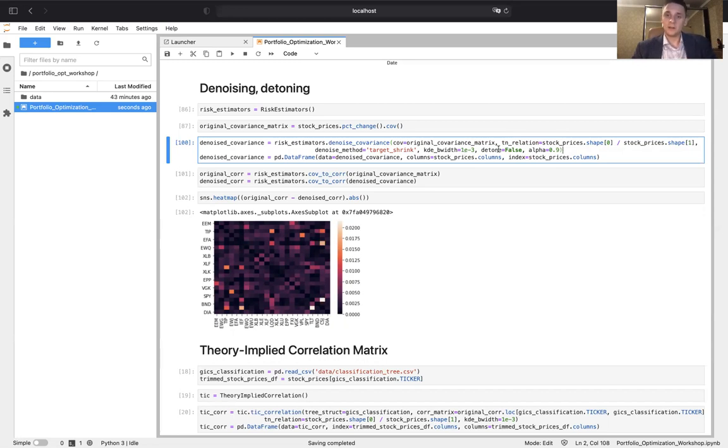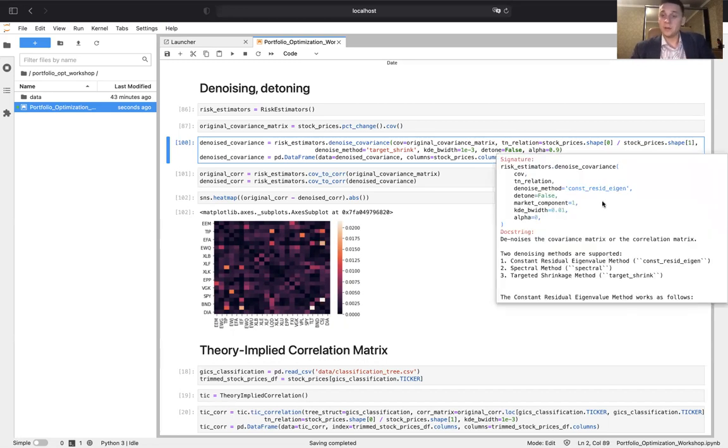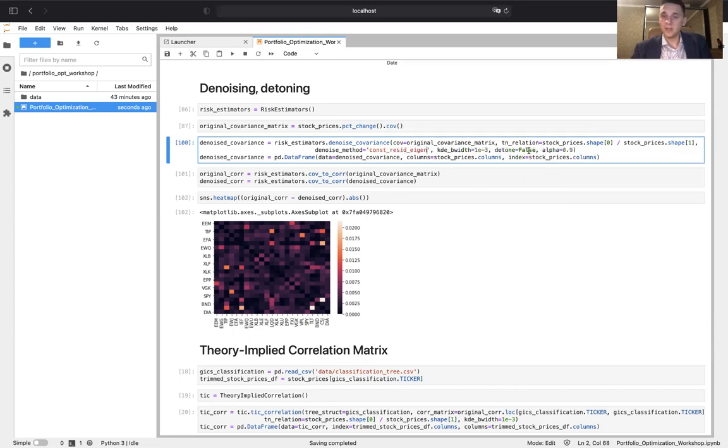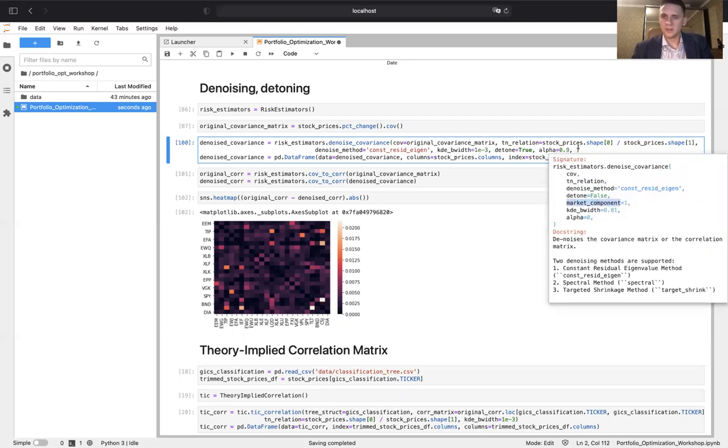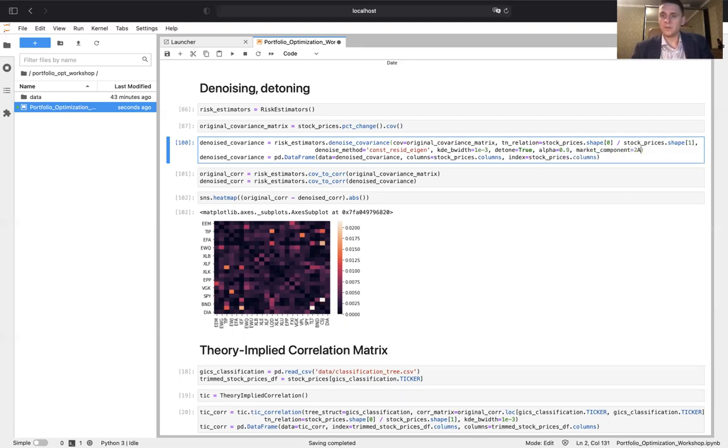Now let's take a look at how detoning works. Let's go back to constant residual eigenvalue, and detone equals true in our denoising method. We say that our market component equals 1, so the first eigenvector contains the market component.